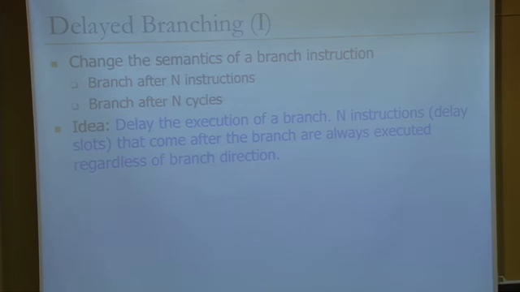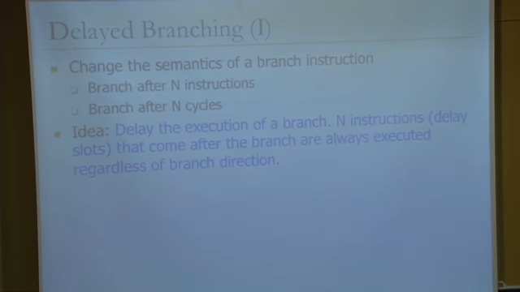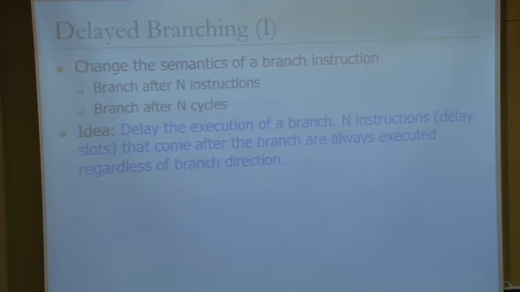Okay, delayed branching, you're already familiar with the idea, right? The idea is, if we do not know whether or not the branch will be taken for n cycles, why don't we change the semantics of a branch instruction such that the branch takes effect after n instructions? Make sense?